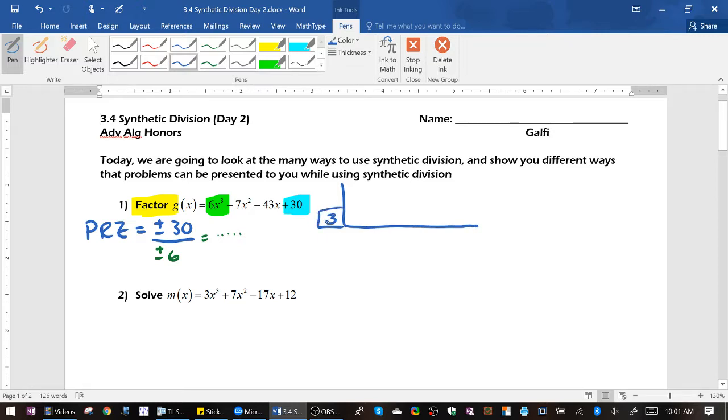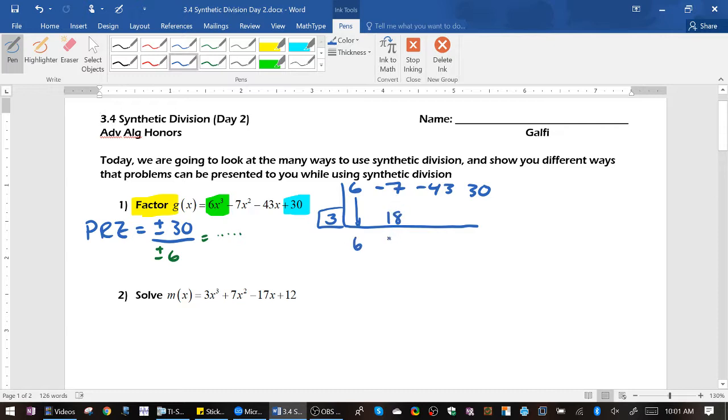Up top, I'm going to put my coefficients. So I see 6, negative 7, negative 43, and 30. And if I do this right, I should get 0 at the bottom. So let's do it. First number drops, 6. Then I multiply, I get 18.